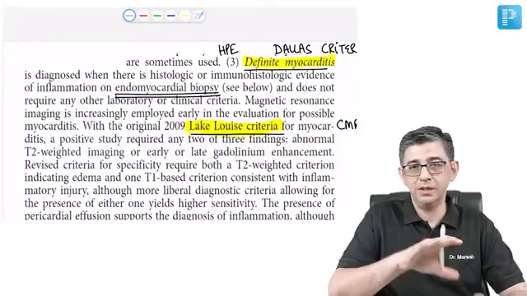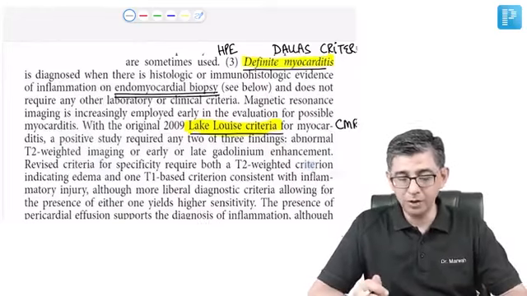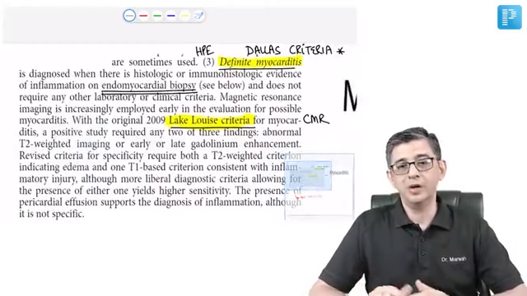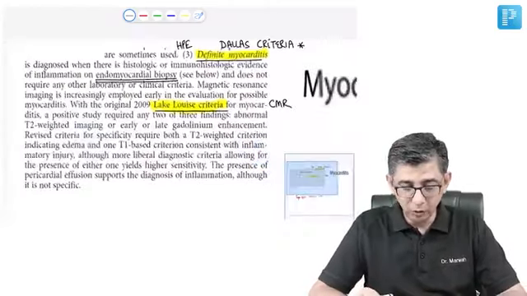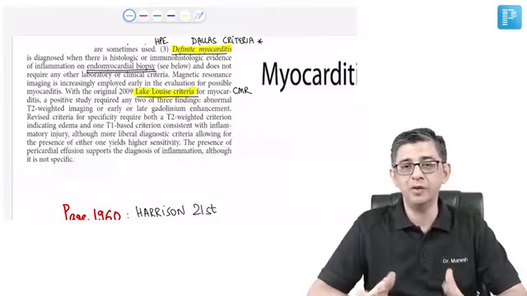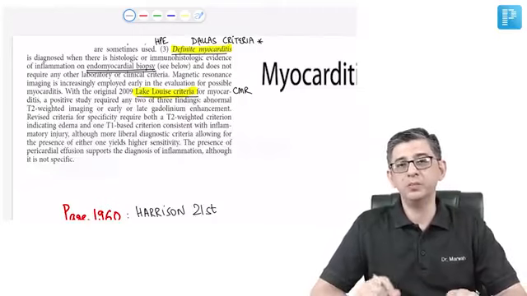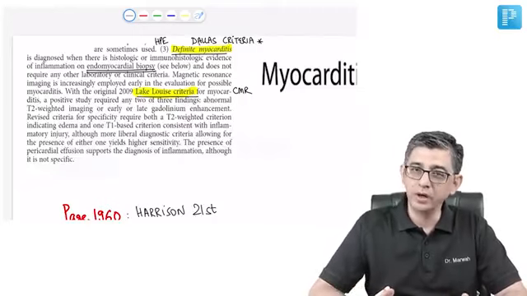Honestly, I do not fancy invasive techniques. It's not that I'm saying it from a clinician's or a radiologist's perspective. I have given you the page number of the textbook, which is widely used as a standard reference book. So in the exam, they did put up this question: what is the best way for identification of myocarditis?